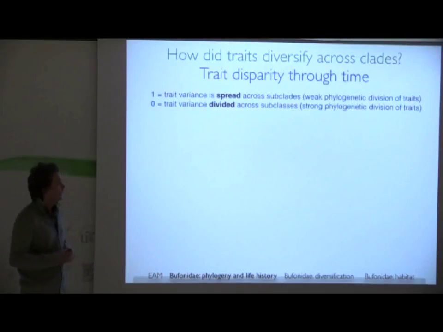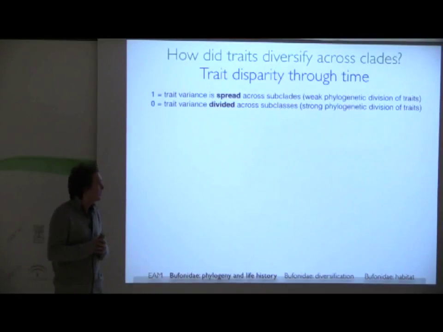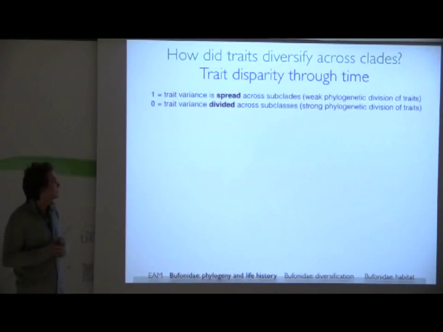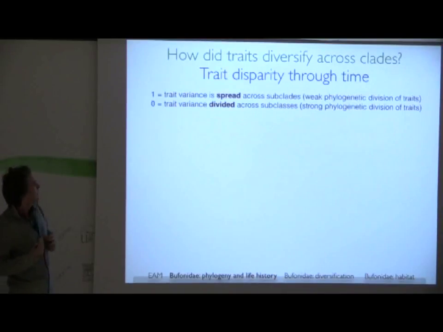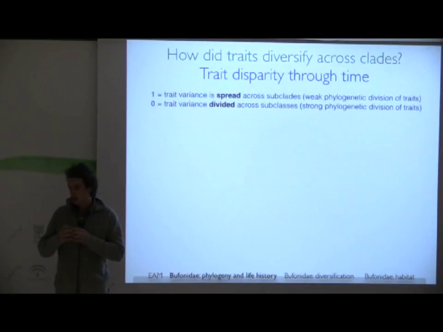We also wanted to test whether these rates are different among subclades, and that can be done using a trait disparity analysis. And essentially what that does is it scores the spread of variance across subclades, where 1 represents trait variance that's highly spread across subclades, and 0 essentially means that your variances are very much divided.